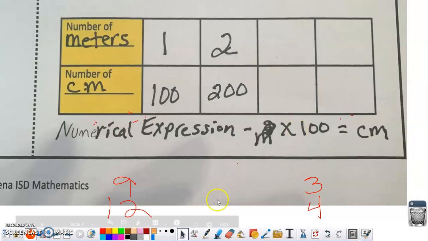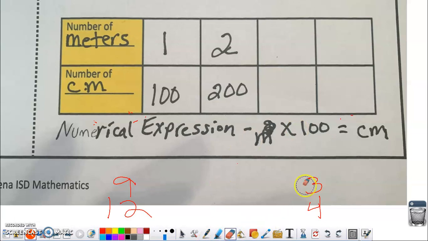All right, so let's look at this last part here. It doesn't matter what you're converting. It's the same process: small to big, divide; big to small, multiply, okay? Now this time I did put the bigger unit on top as the input and the smaller one on the bottom, so that we're going big to small, so we multiply.